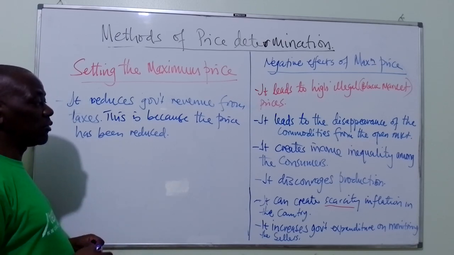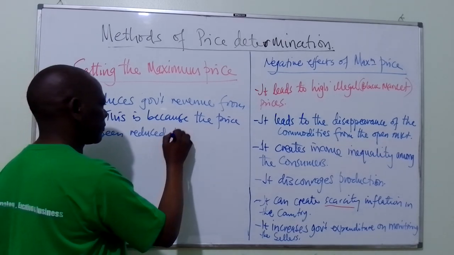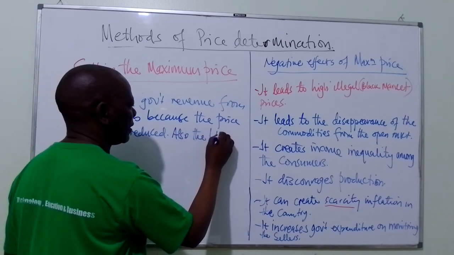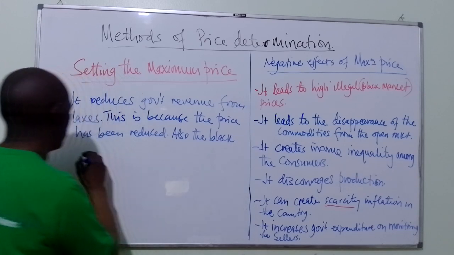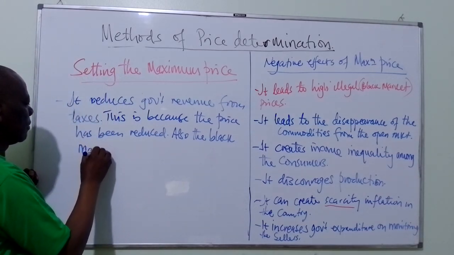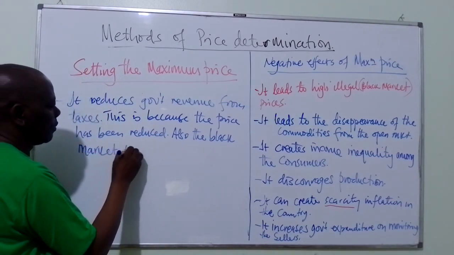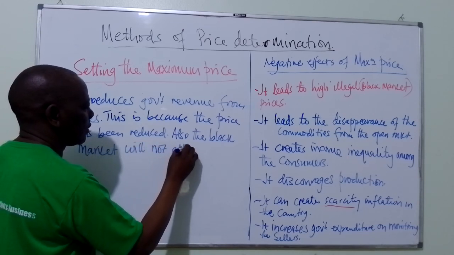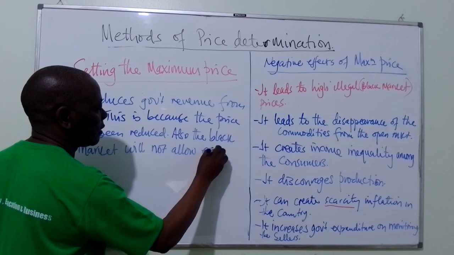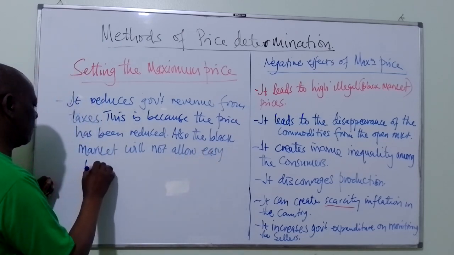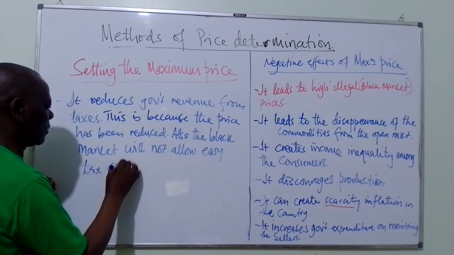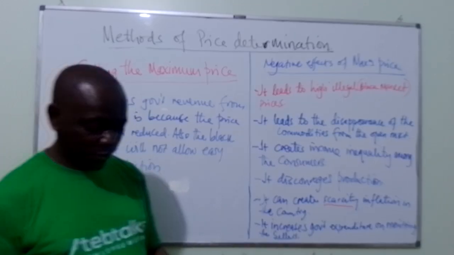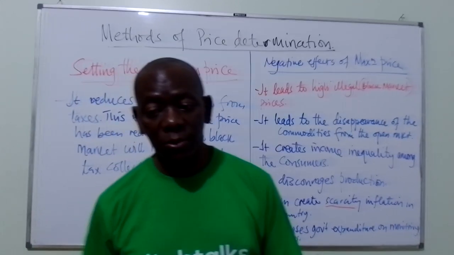And another reason also is that the black market will not allow easy tax collection, because you don't know who is selling, you don't know how they are getting the prices, you don't know how they are getting the commodities.